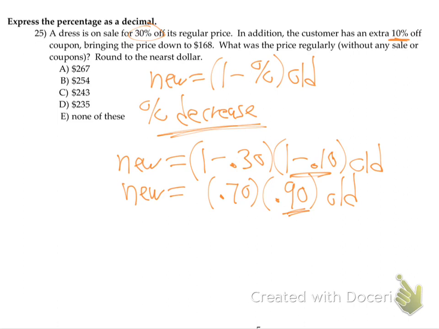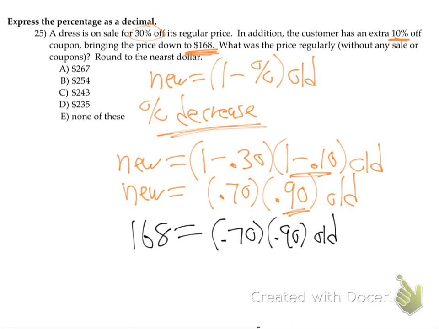And now, do we know the new or the old? The price, yeah, this is the new price. The price came down to 168. So 168 is the new price. Right? So if you multiply those together, don't you get 0.063? No, just 0.63. Yeah. Times the old. We good there? If you just multiply 0.7 times 0.9.